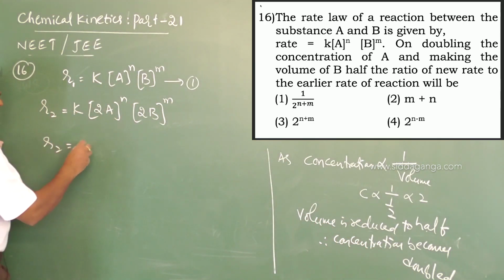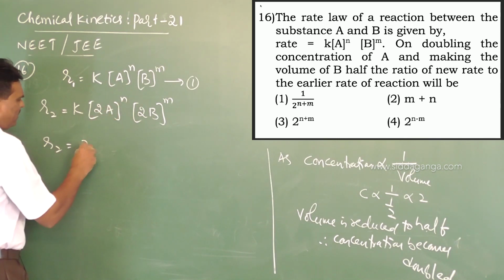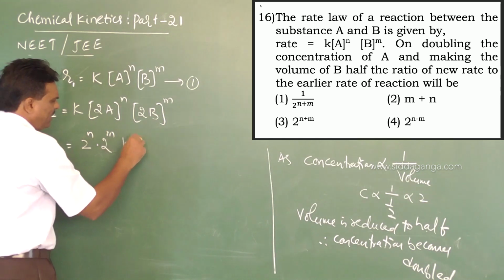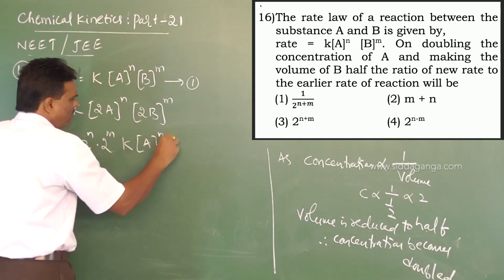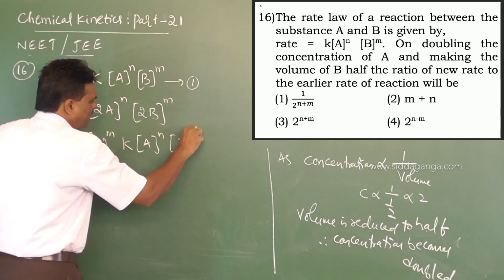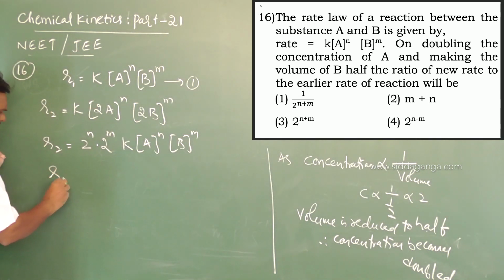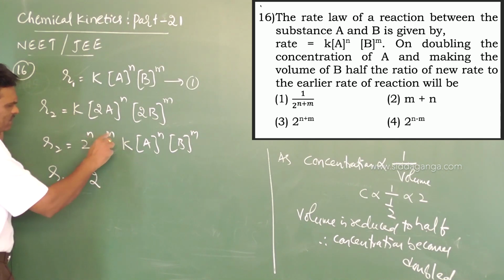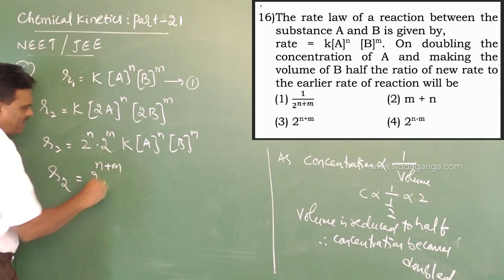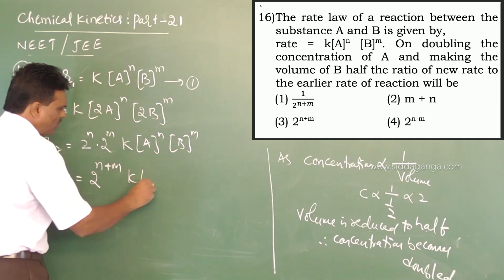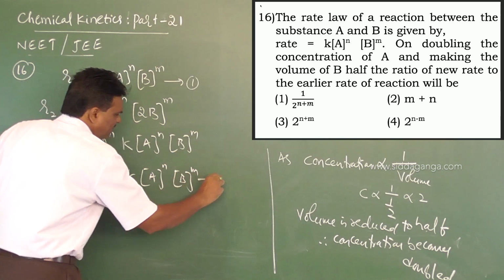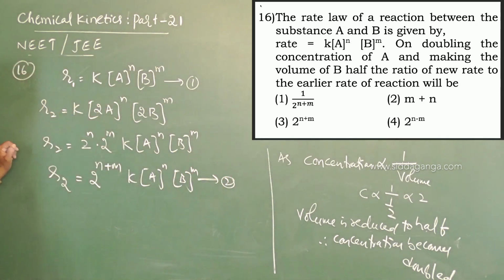So R2 is equal to 2 power n into 2 to the power m into K into molar concentration of A power n into B power m. Bases are same, powers are added, so 2 power n plus m, into K into molar concentration of A power n into B power m. This is equation 2. Dividing equation 2 by 1.